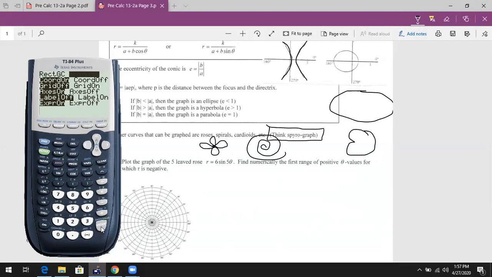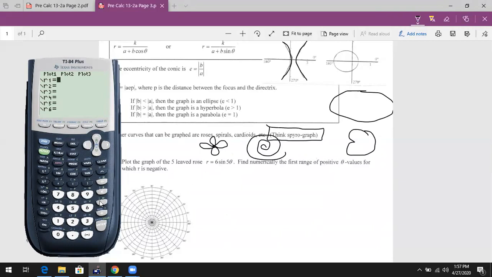I'm also going to have to switch my mode to degree and polar. So now when I go to my y equals, it's not y equals anymore, it's r equals.